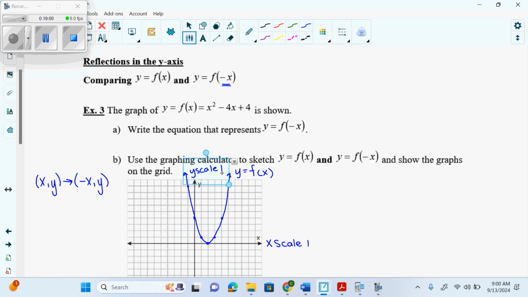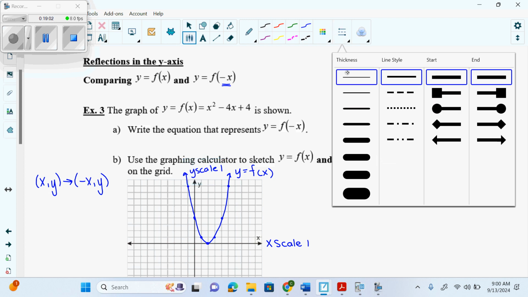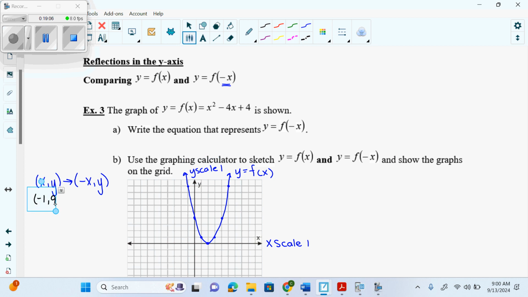So let's try our coordinates. We're going to get (-1, 9), and it's going to become (1, 9). So it was here, it's here. That's for sure reflection in the y-axis, right? If the y-axis was a mirror, it's reflecting on it. Now I have (0, 4). It's going to become (-0, 4), which is just (0, 4).